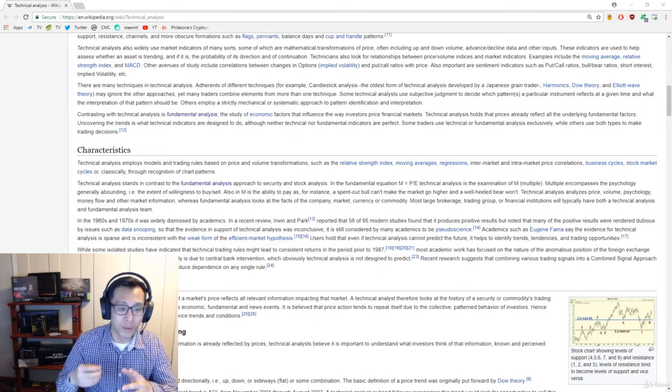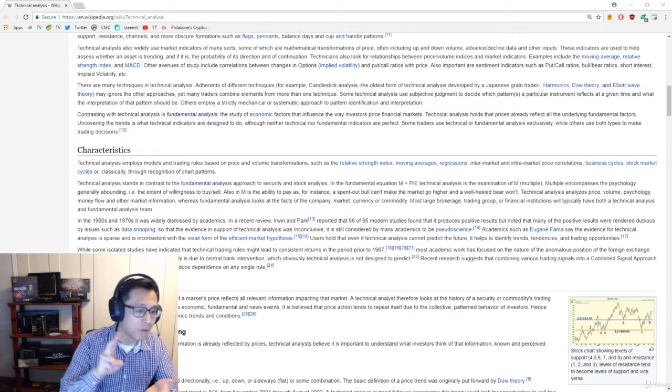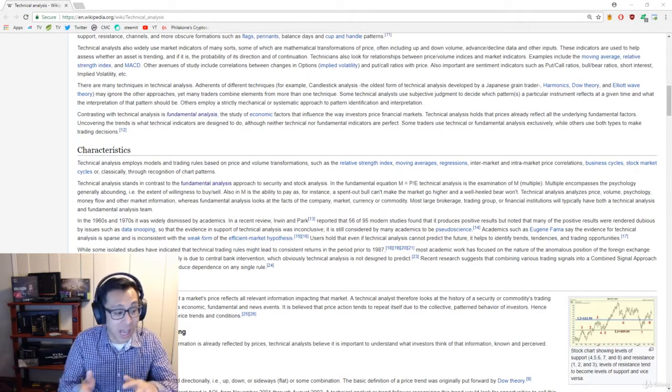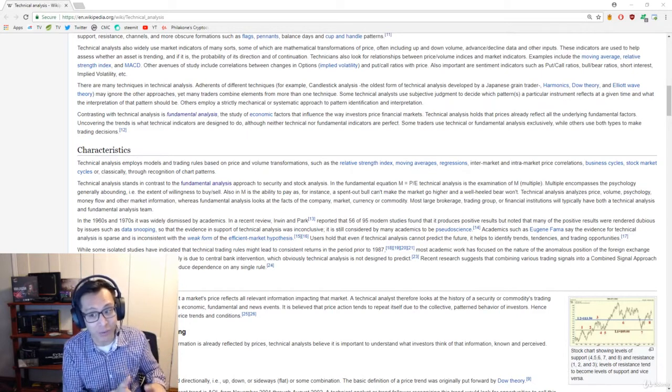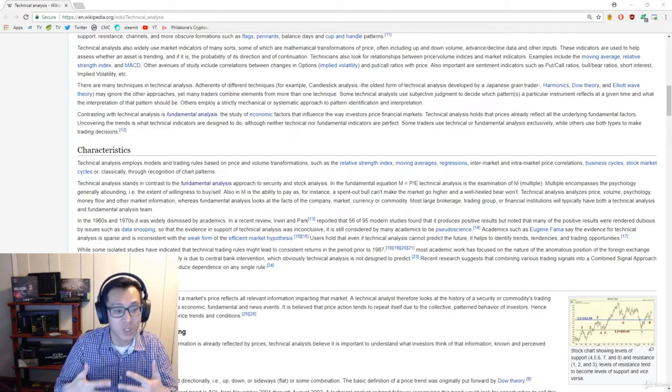So that would be a form of fundamental analysis, where we're looking at what the company is doing. Did they form a partnership with anybody? Did they do something really new? Are they about to make a really large announcement very soon? Fundamental analysts don't really look at technical data, because they look at the external factors outside of that, which gives them an idea of whether it's a good time to invest or not.